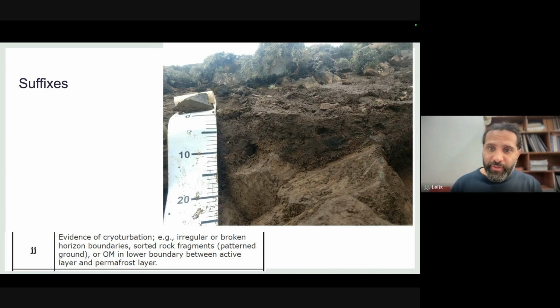This change of temperature could induce some mixing and migration, especially migration of clay from the deepest horizons to the surface.